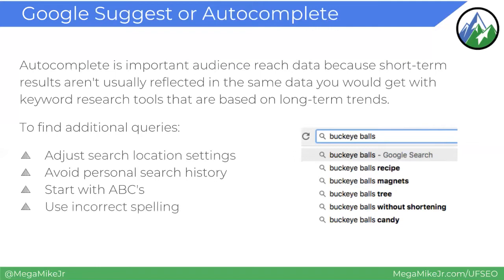And also even try using incorrect spelling. Sometimes incorrect spelling helps out significantly. Some people may not actually spell Buckeye the way you think they do in different states, or maybe it's a very difficult word for people to actually spell out. So always look to see if there's any issues whatsoever with Buckeye or any of the other terms that might be affected.